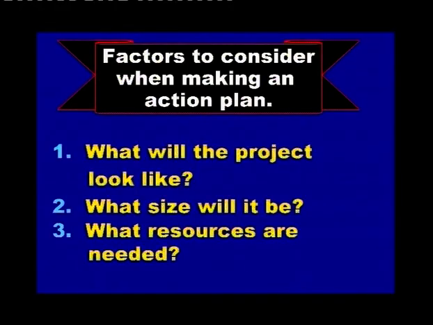I would like Nanada, if you can read for us the first factor to consider when making an action plan. What will the project look like? Good, thank you. What will the project look like? Good.